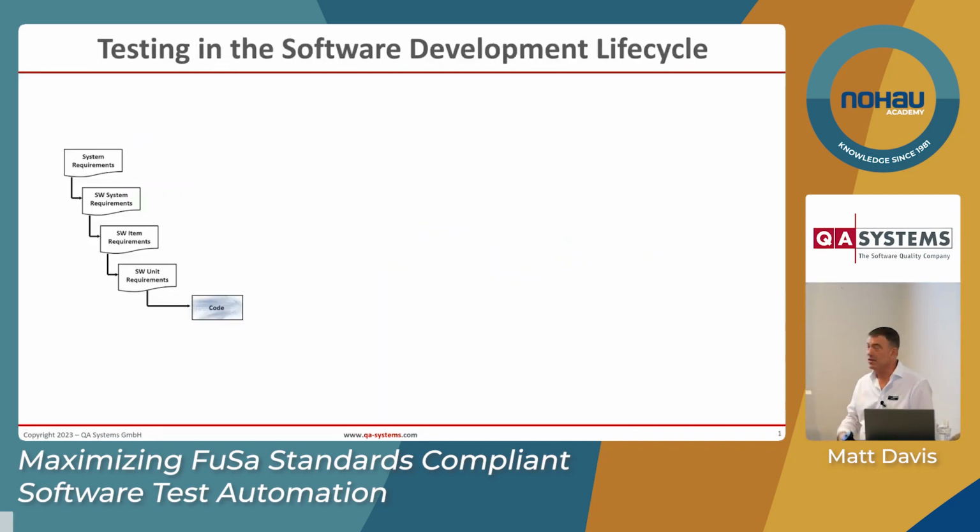Let me start by placing testing in the software development lifecycle. Down the left-hand side of the V model, you will see system requirements and safety requirements, which will get embedded in system software requirements, and a decomposition of those at each level to something where you end up with code.